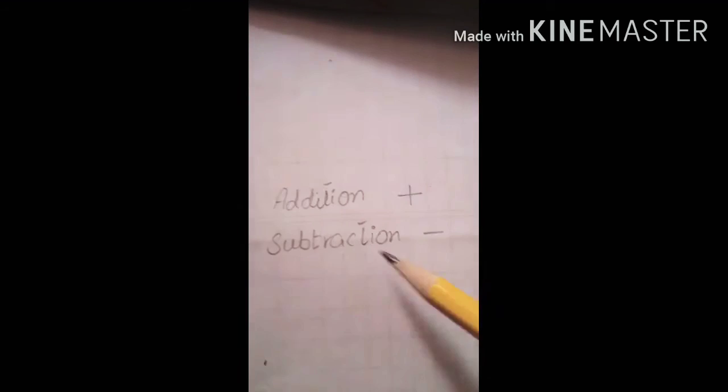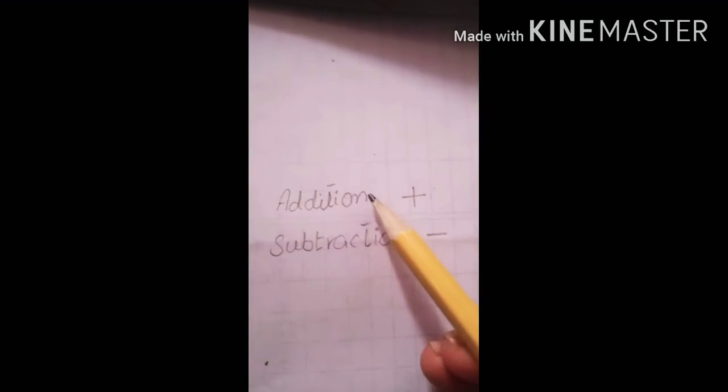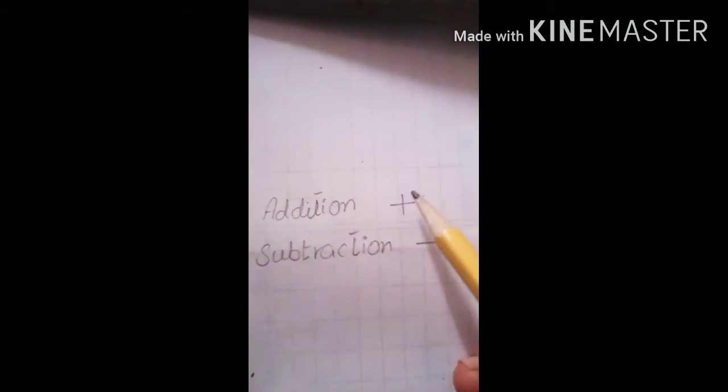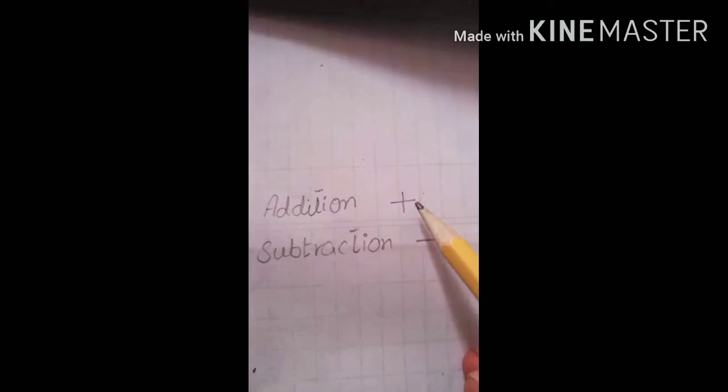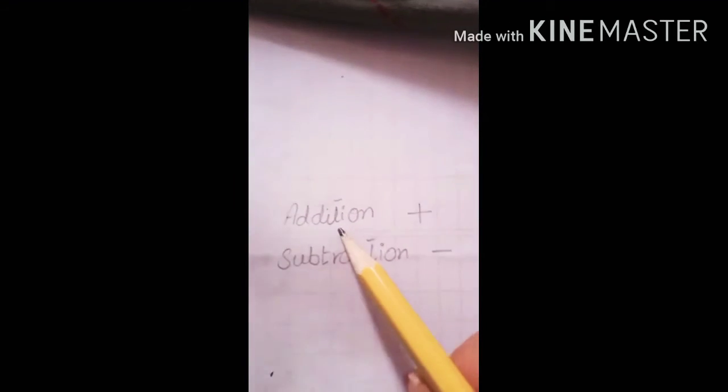Okay students, here are the sums and we are going to complete these sums, converting where it is necessary. Look students, here are the two signs and you will have to remember these two signs while solving these sums. This sign is of addition. So students, when we are solving the sums having this sign, we will use addition.